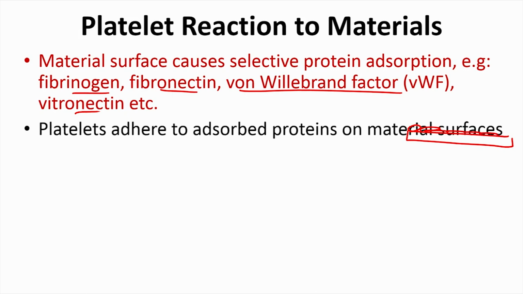Platelets adhere to these adsorbed proteins. As I said, the major mechanism through which platelets adhere is to adhere to ECM. They have receptors against these, and once they find that there is VWF or some other protein that they are aware of, which they do not typically see in a normal blood vessel, they can bind to it. So, the platelet will adhere to these adsorbed proteins on the material surfaces using one of these or some other proteins.